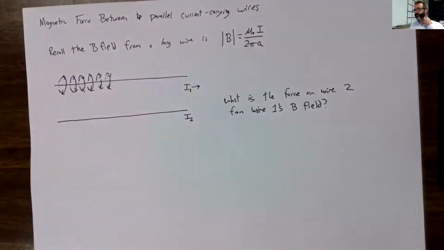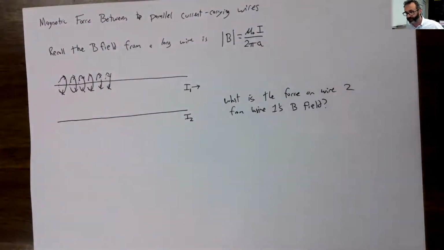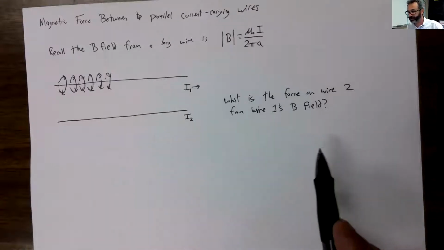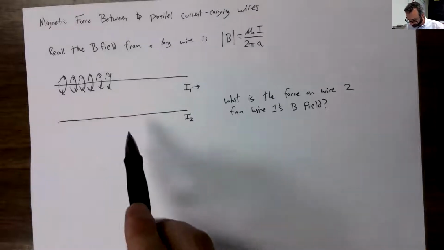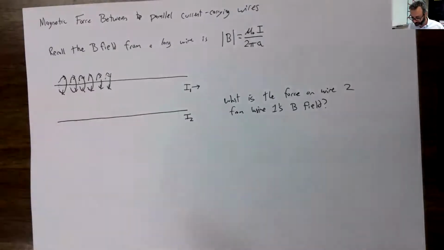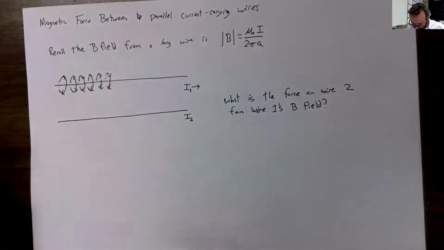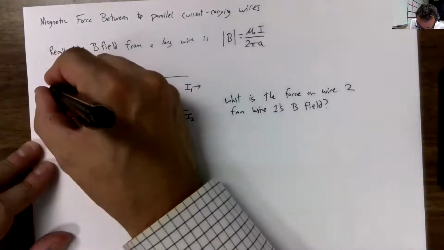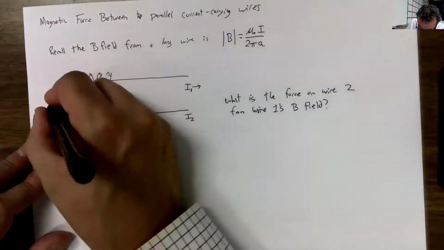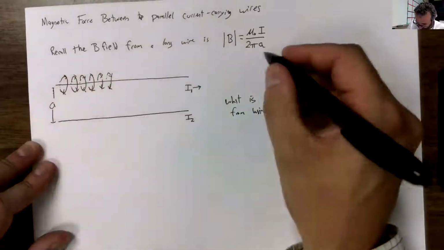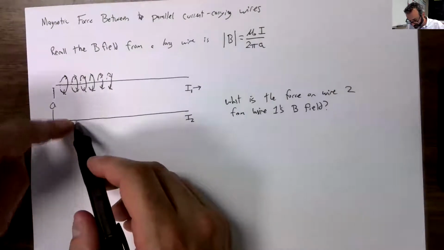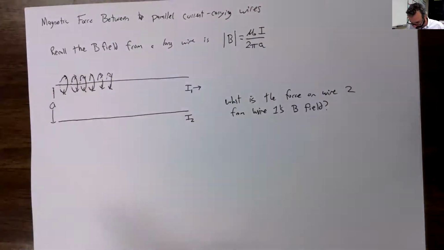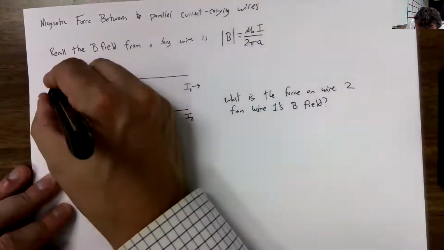And then if we know Newton's third law, we'll realize that the opposite is going to be true as well. The force from wire 2 on wire 1 is going to be the same. Let's call this distance lowercase a, because this is how far the magnetic field at this point is from wire 1. All right, so far.